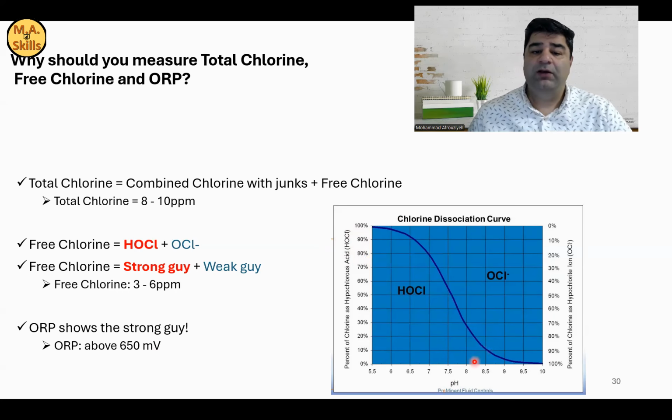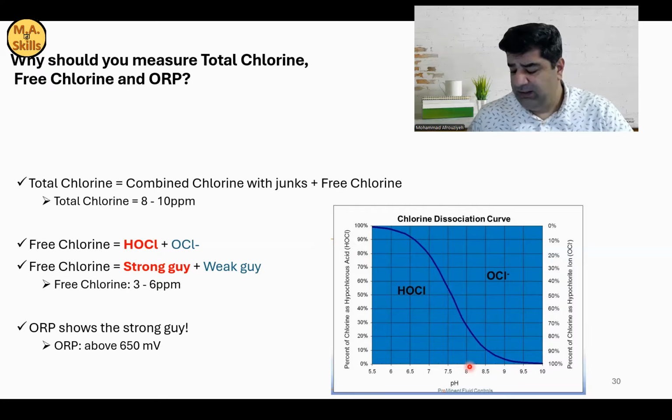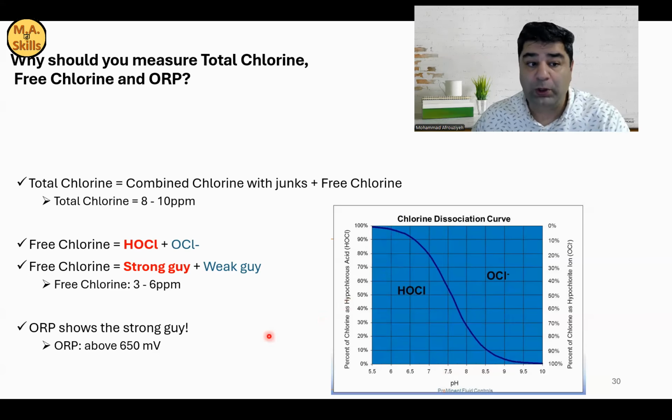So that's why chlorine is effective at lower pH. And that's why we said if your water pH is above 7, then you need to use inorganic acid or mineral acid to lower the pH to under 7, and then inject chlorine to be effective, to have more of the acid form or strong guy to disinfect water.